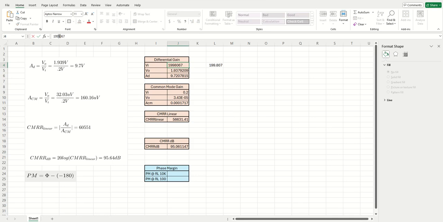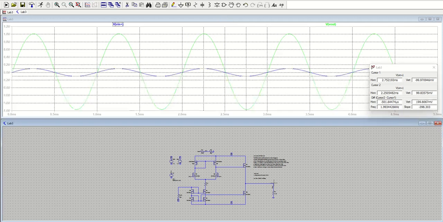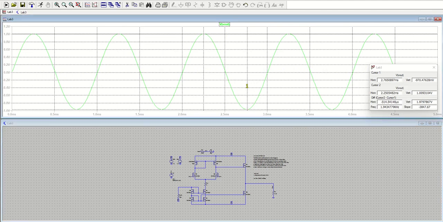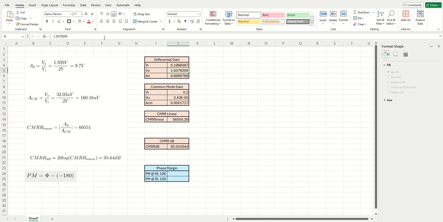Now we take the measurement of the output, which we'll call 1.98. If you use all significant figures, that gives you a more accurate result. So our differential gain in normal mode is 9.91.